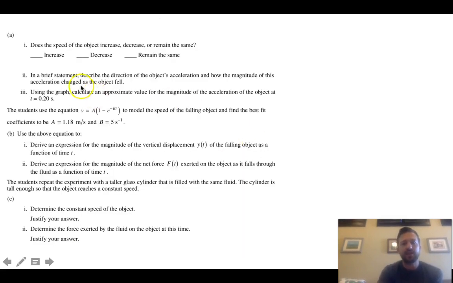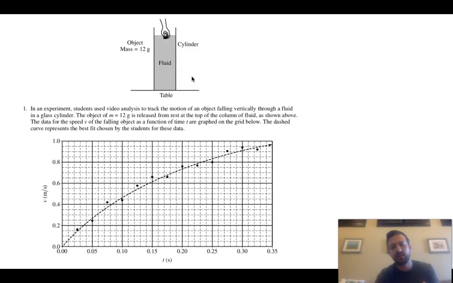So your answer here would be: the acceleration is downward because it's making the object move downward, and the magnitude of the acceleration as the object fell is decreasing because the velocity gained more velocity for every unit of time at the beginning than at the end.